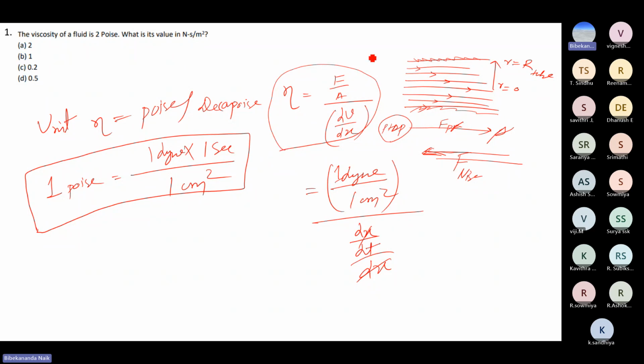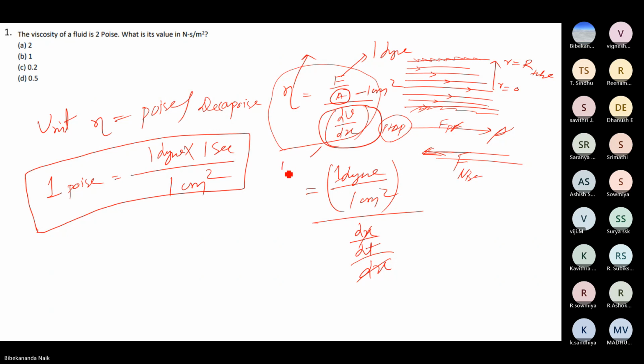Also, if we compare this expression, we can say that a force of 1 dyne is required over a cross-section area of 1 centimeter square to maintain a velocity gradient of 1 second inverse, that is, a unit velocity gradient.